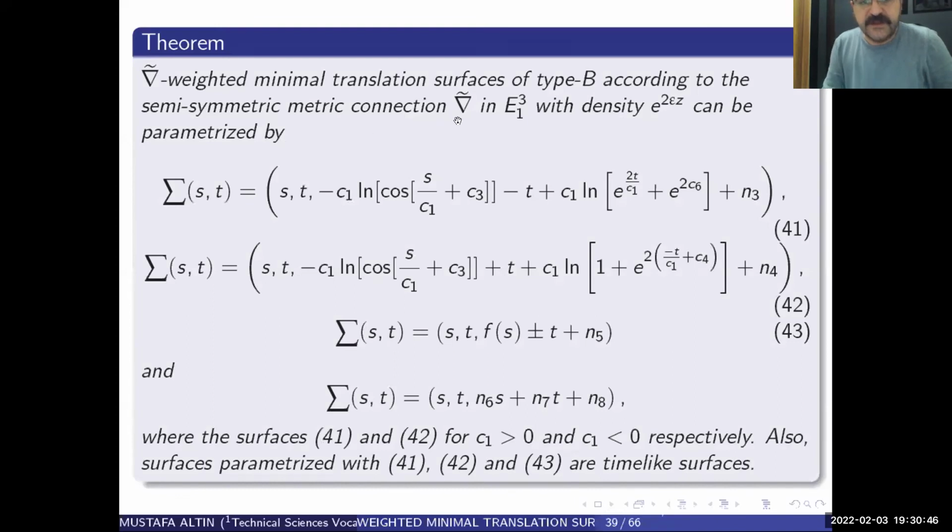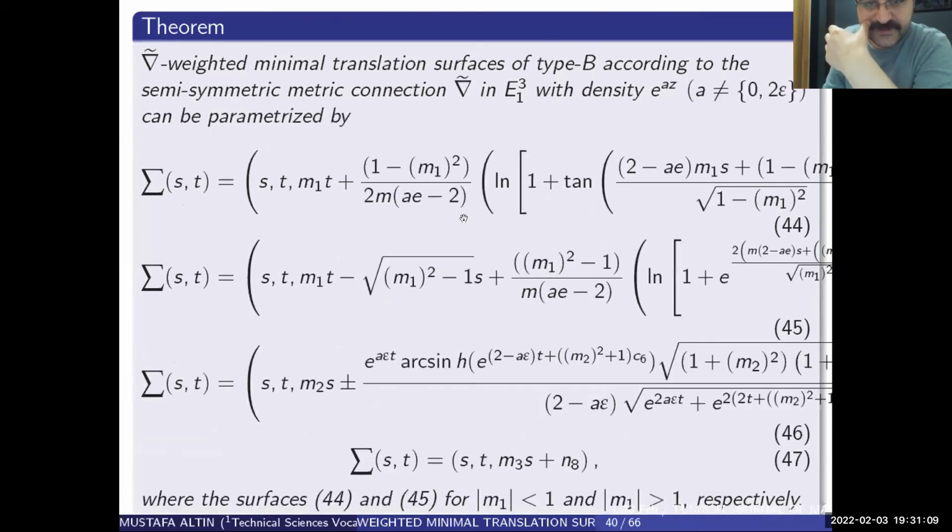For type B, weighted minimal translation surfaces of type B according to the semi-symmetric metric connection in Minkowski three-space with density e^{2εz} can be parameterized by these surfaces. The same holds for a not equal to 0 and 2ε.